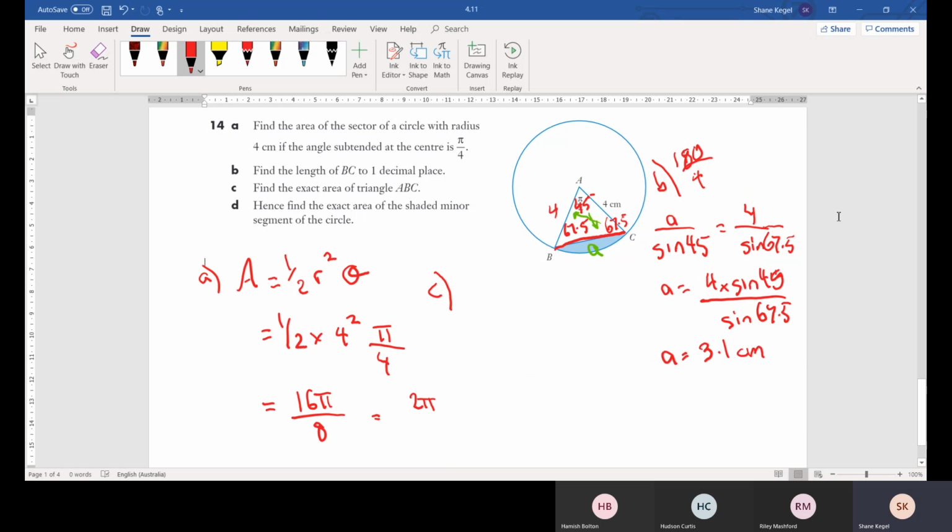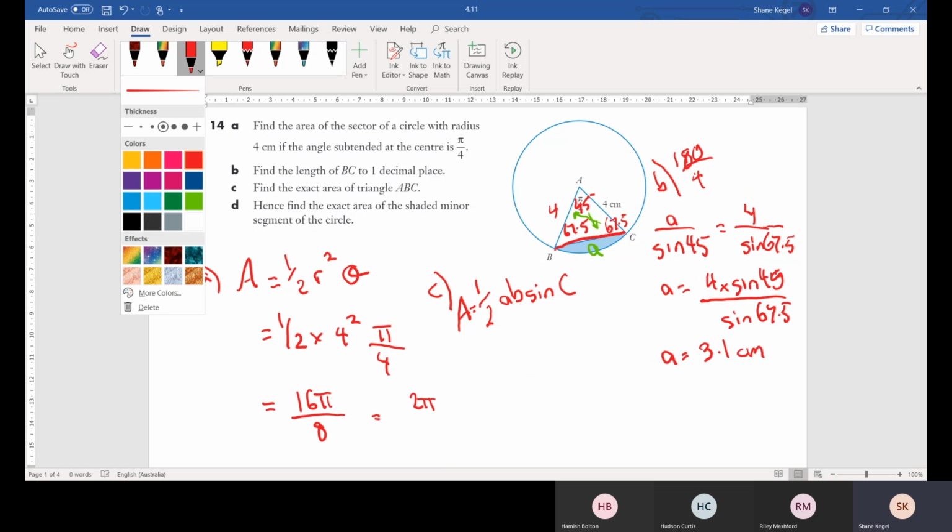Okay, so reflecting back on our area of a triangle formula, which was a couple of exercises ago. So we've got half AB sine C, where sine C is our length A there that we've just found.